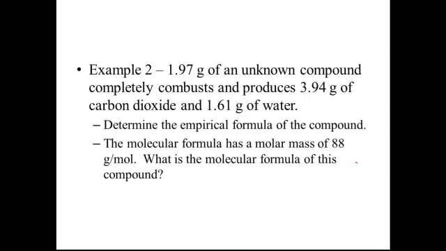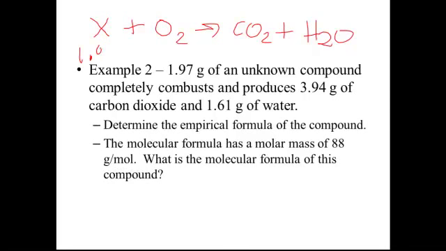Okay, so again, 1.97 grams of an unknown compound, so we're just going to call it X, completely combusts. That means it reacts with oxygen. And again, it's going to make CO2 and H2O. So we've got 1.97 grams of this unknown compound.